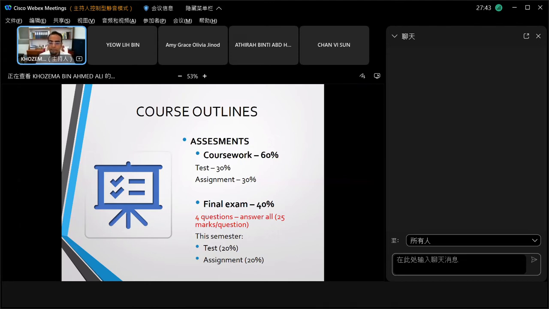Under normal circumstances, if there was no COVID, I'm talking about 2019, a few years ago, for your seniors we had 60% coursework and 40% final exam. I hope Dr. Halina has mentioned this before. This is just to refresh your memory. This semester is still considered a semester under the COVID pandemic.